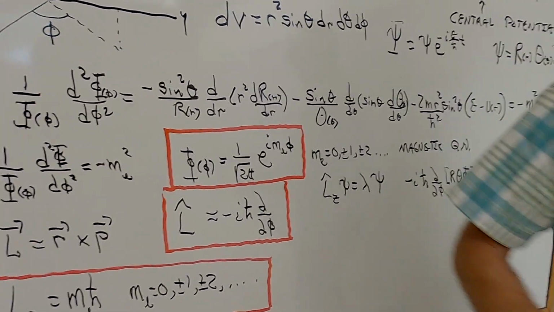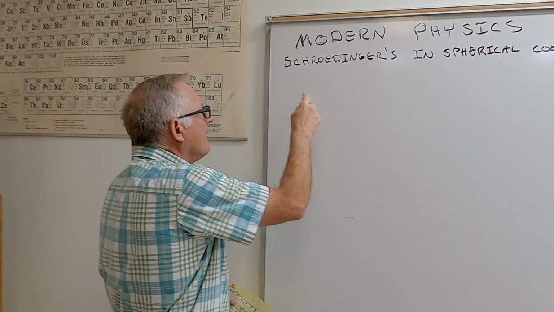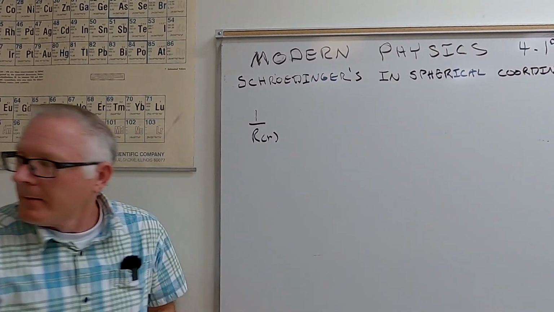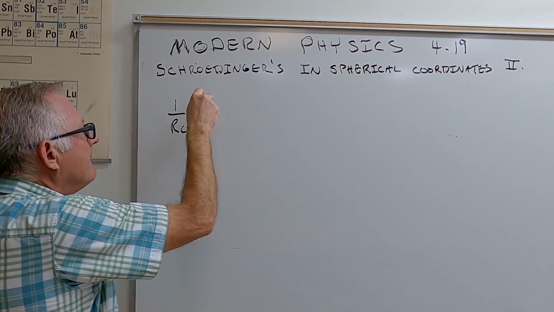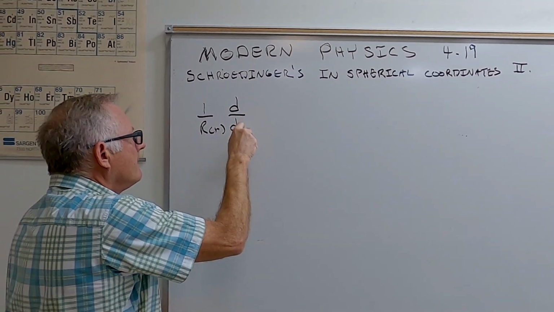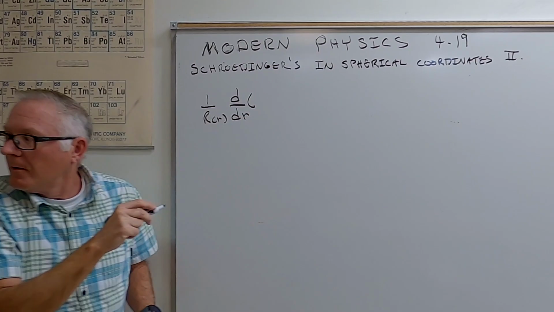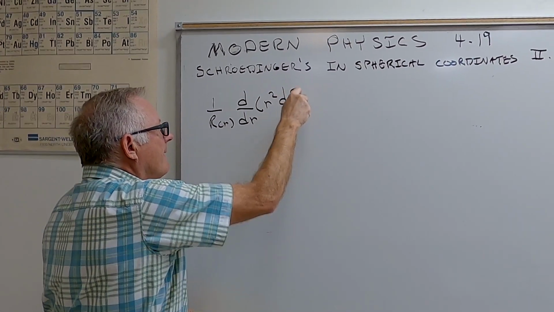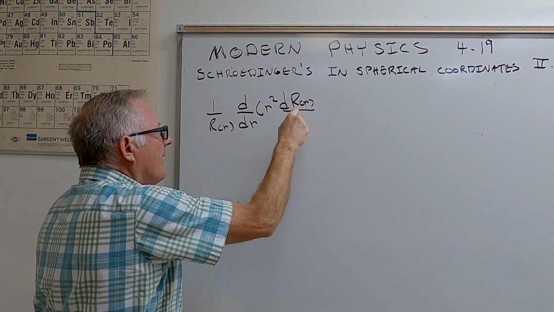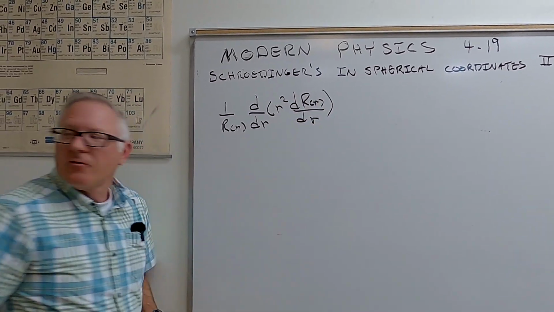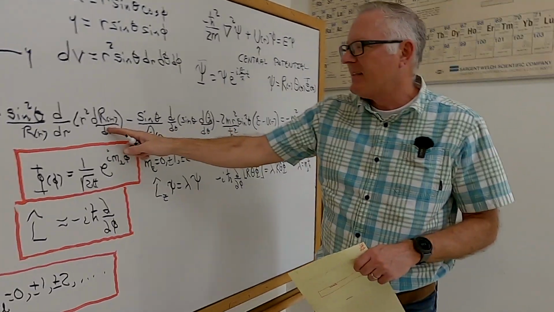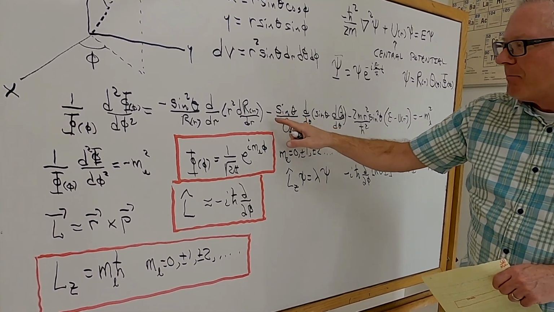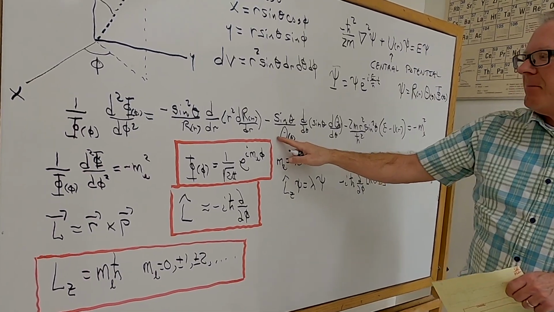So I'll have 1 over R, d dr of R squared dR dr. So that's this first term. Remember, we're dividing by minus sine squared. If we divide this by minus sine squared, this becomes a plus, and we have an extra sine in the bottom.